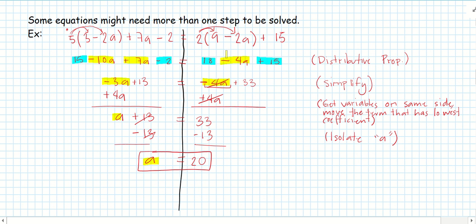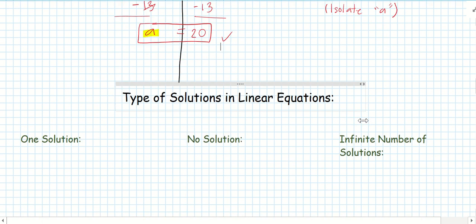In the previous problems we had to do several steps, maybe about 4 or 5. So just keep in mind that the goal is always, always, always to get the variable isolated. Once the variable has been isolated, we have found the solution of the equation.